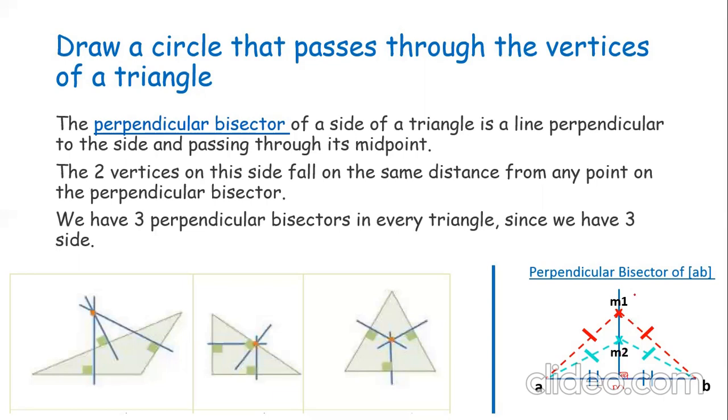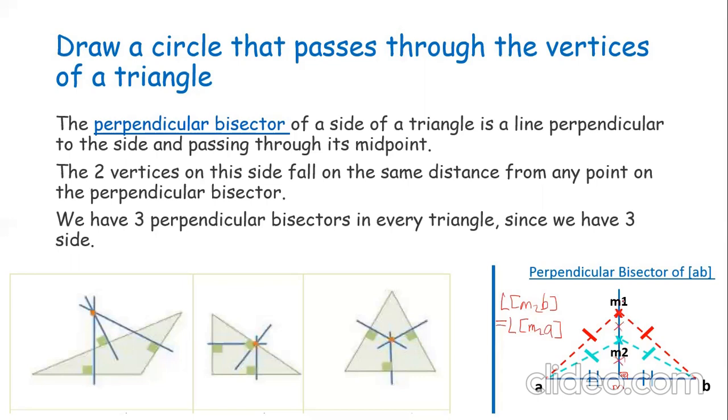Then each point on this line, which we call the perpendicular bisector of AB, falls at the same distance from both ends. So in other words, we will have the length of M2B equal to the length of M2A.